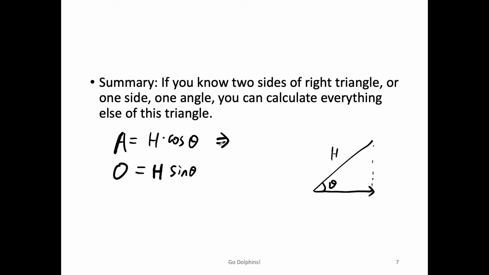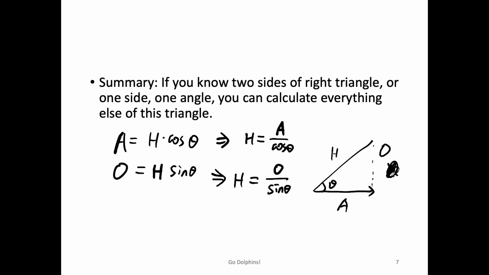Of course, on the other hand, if you know your adjacent side and cosine theta, you can calculate your hypotenuse. If you know your opposite side and this angle, you can calculate the hypotenuse as well. This is the opposite side, this is the adjacent side.